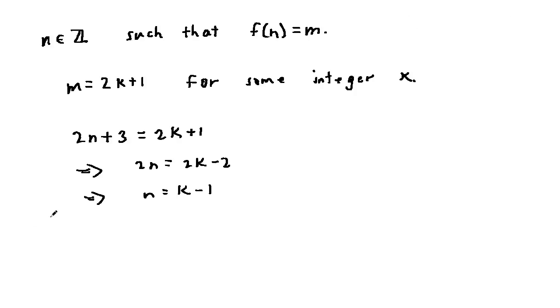Okay, so let n0 be k - 1. Then n0 is an integer, since we have k is an integer and k - 1 is also an integer.